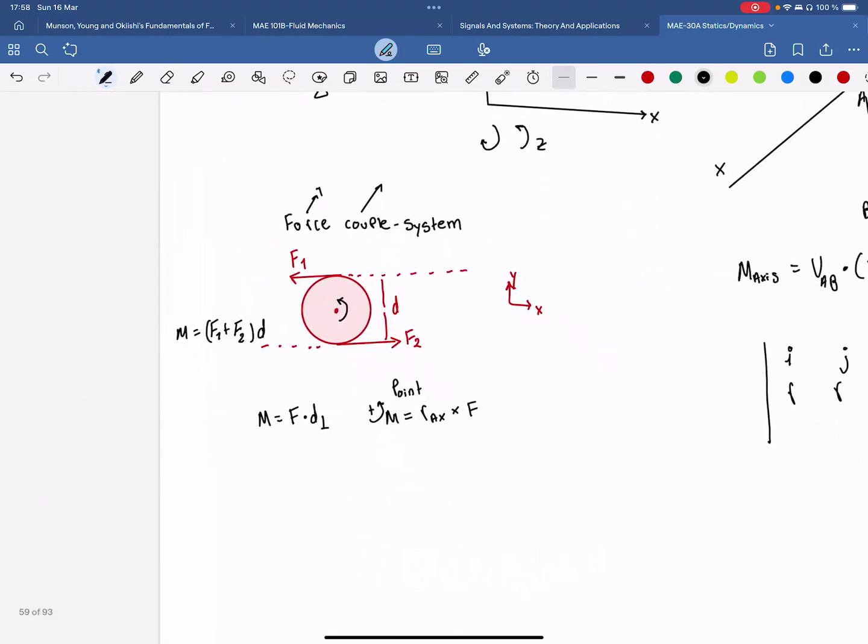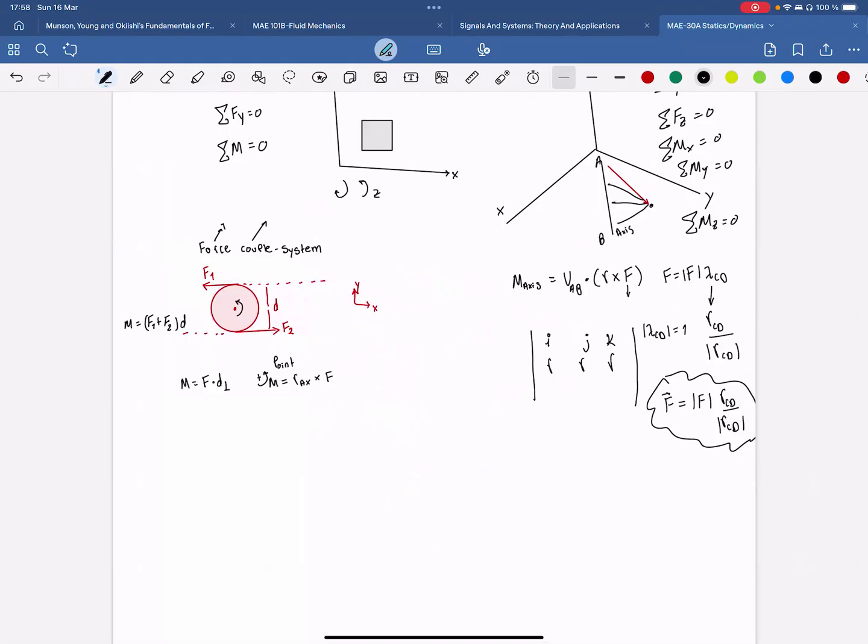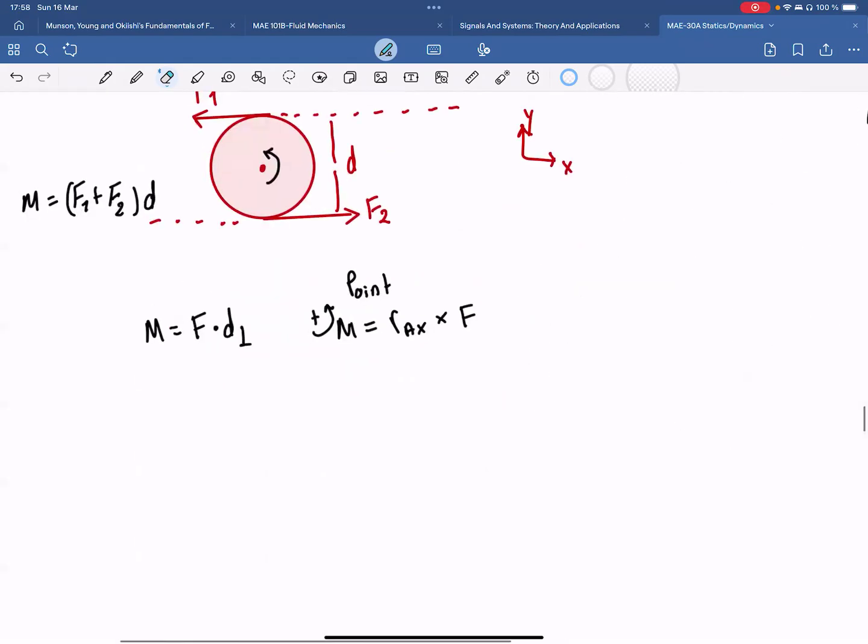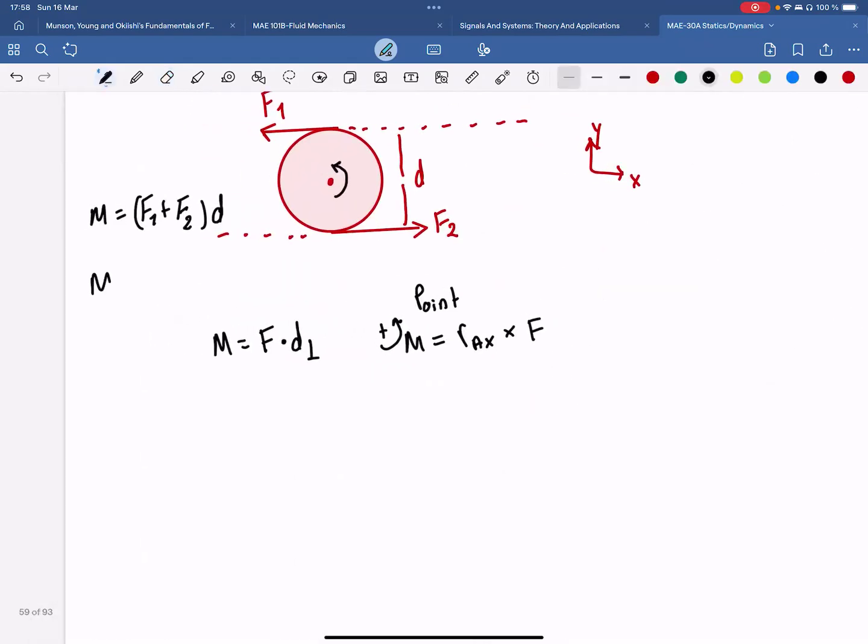Then for 3D, I do not remember the equation, but I'm going to look it up right now. Yeah, of course, for 3D it is the same, right?